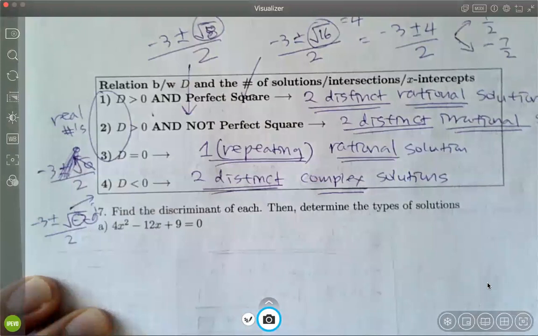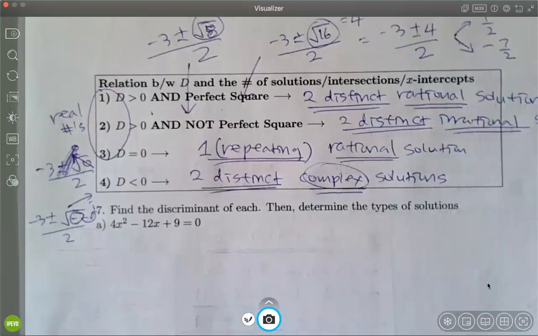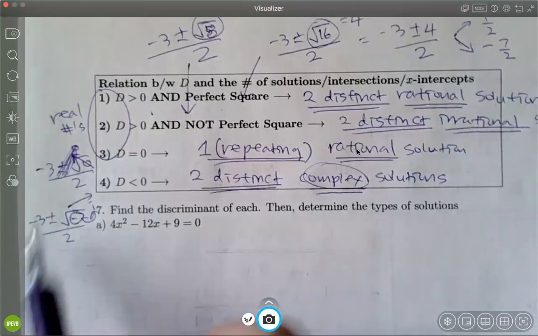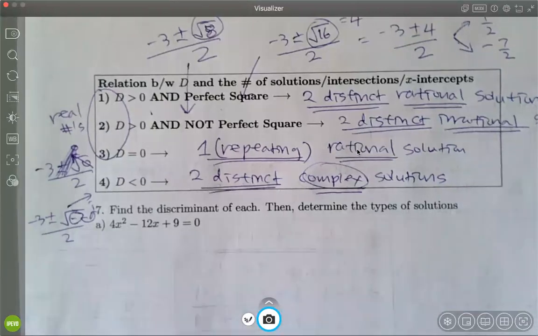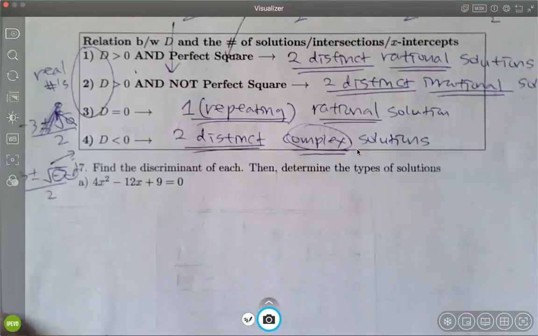That is the only case where it produces complex numbers. This fact looks hard, but as long as you consider these 4 specific examples, it's not that hard.